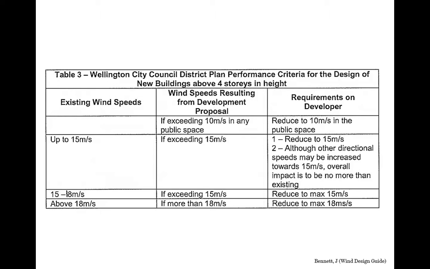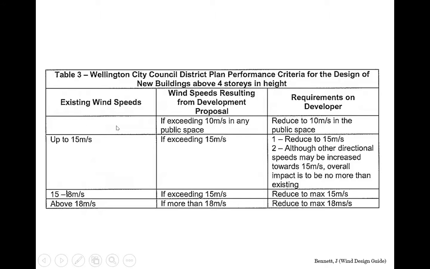Okay, let's move on. This was some further guidance from Wellington City Council, which I thought was very, very useful guidance. Now, what they're saying here is, depending on the existing wind speed, what will we consider acceptable in a new development? So if the wind is, I think this is supposed to say 0 to 10 in here.